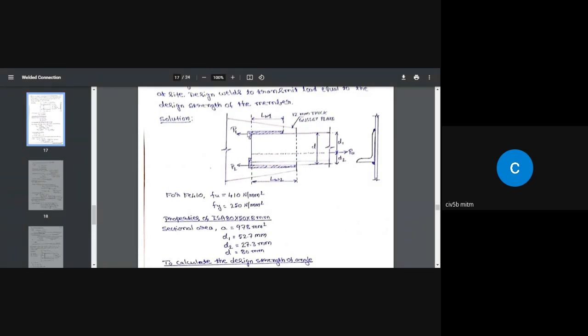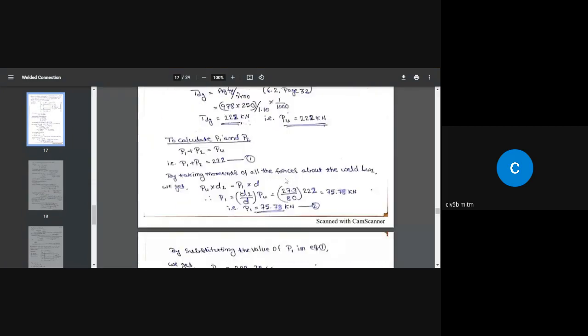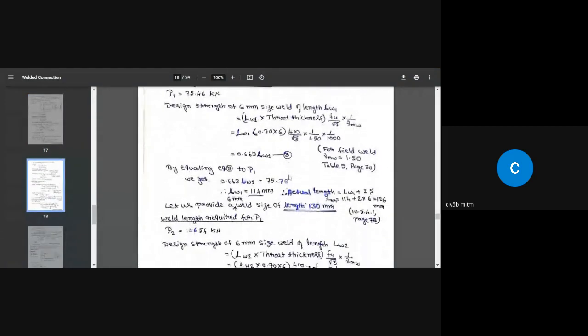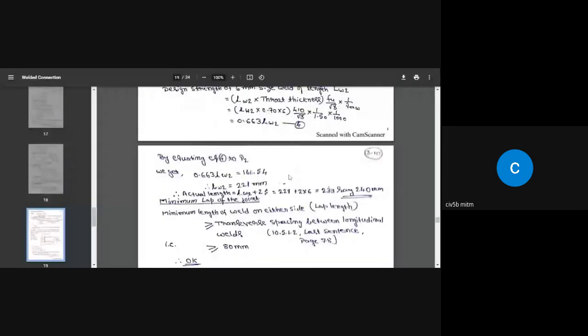What is the minimum lap we need as per the code? As per the code, the minimum length of weld on either side should be greater than or equal to the transverse spacing between longitudinal welds. This is as per 10.5.1.2 last sentence, page 78.